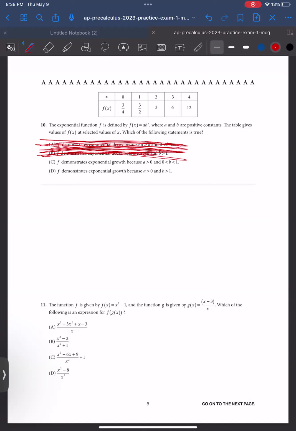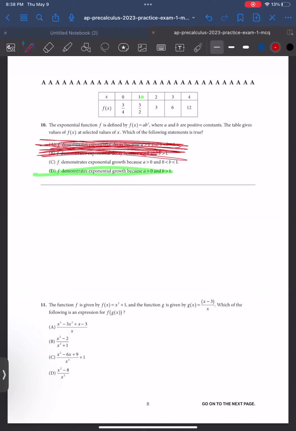D. If you are unsure, you can kind of test out what they say. A is greater than 0. So 1 is greater than 0. And then we have... oh wait, what was I doing? Oh no, I can just rewrite it, right?